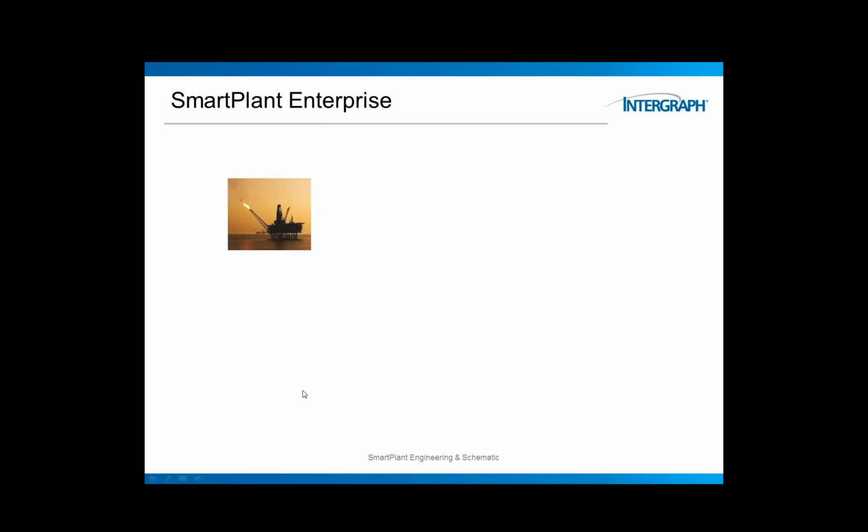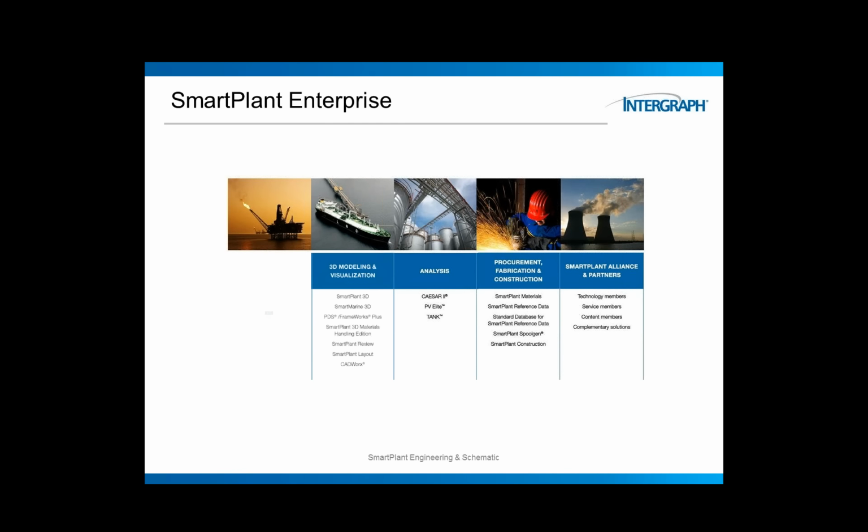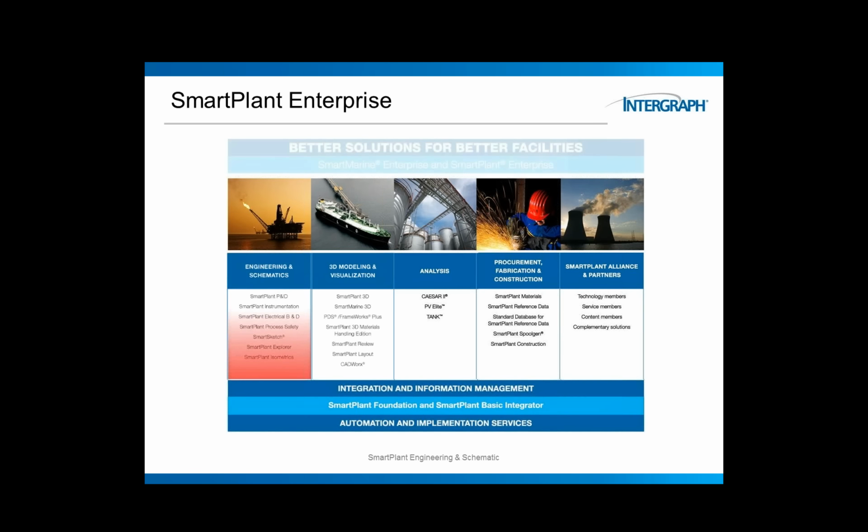So SmartPlant Enterprise is a big slide here with all the different products that we have, from engineering, schematic, 3D modeling, analysis, procurement, and of course the partners, in which ETAP sits in that particular box. The box on the left hand, in a reddish color, holds the products under my responsibility, being engineering and schematic products. One of them is SmartPlant Electrical.